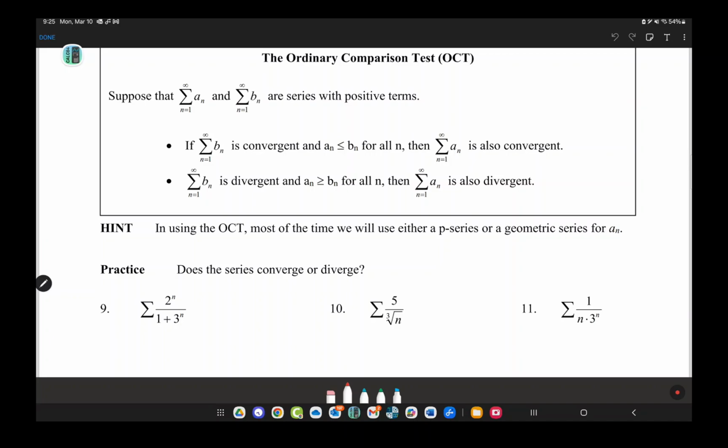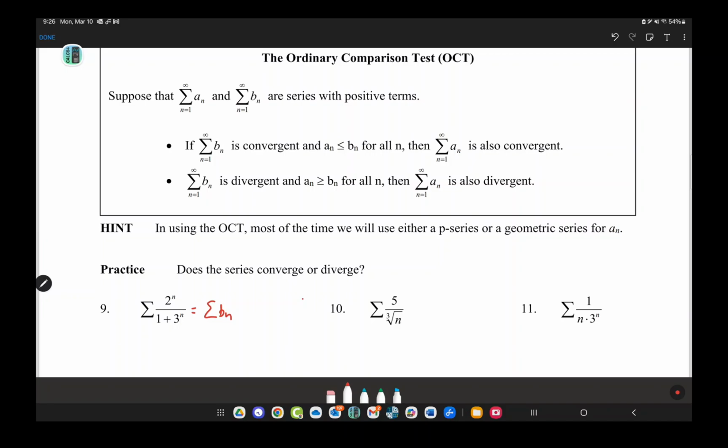Using the OCT, most of the time we'll use p-series or geometric series for an. We're going to make an an value, given that this right here is the sum of bn.